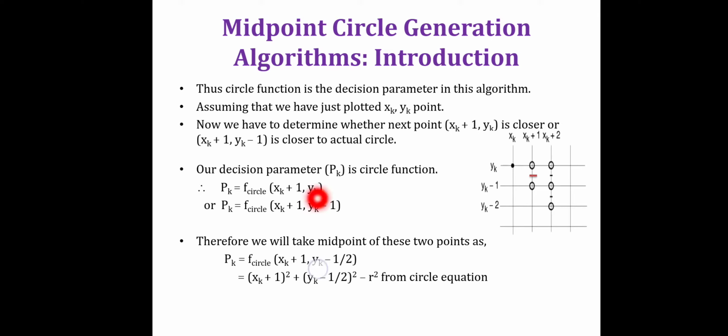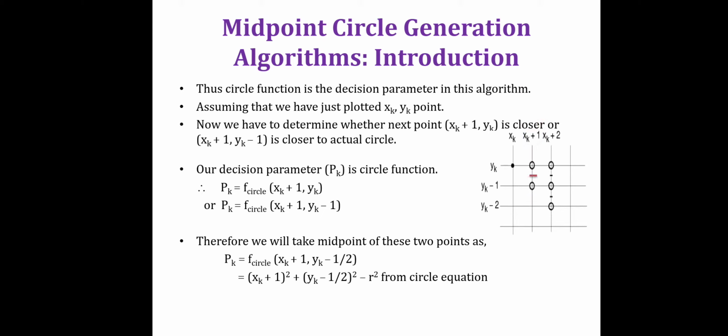Here xk plus 1 is common for both points, only yk and yk minus 1 differ. So the coordinate of that midpoint is xk plus 1 and yk minus 1 by 2, half of the distance.